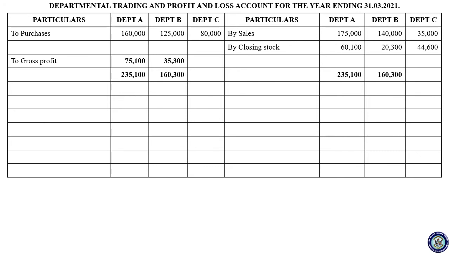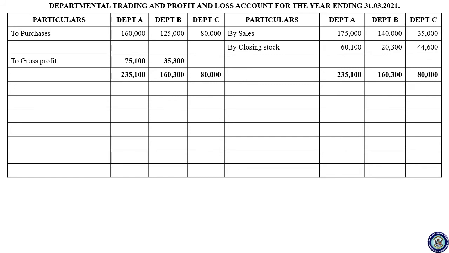Now department C, your debit side total is 80,000 and your credit side total is 79,600. It means 400 is a shortage. Your expenses are more than your income. So it is gross loss. So first you write the total, that is 80,000.